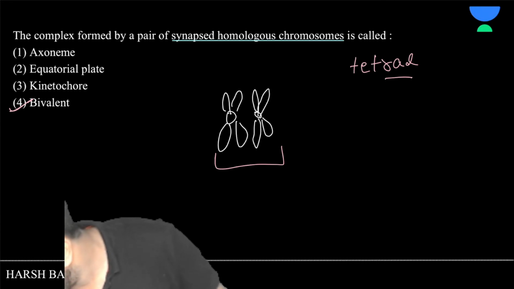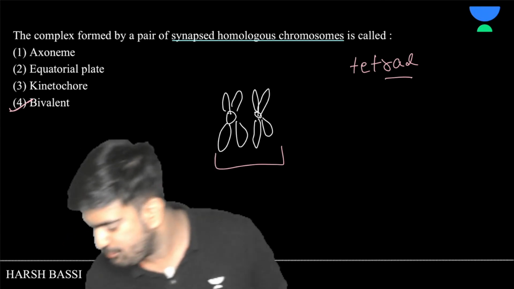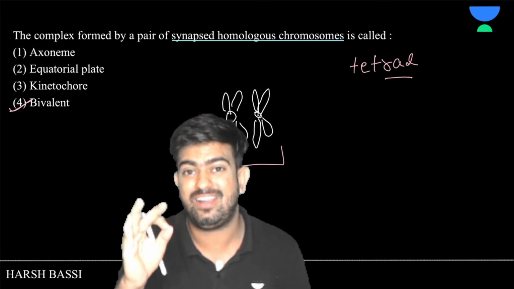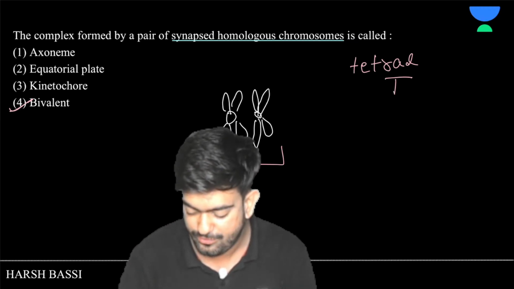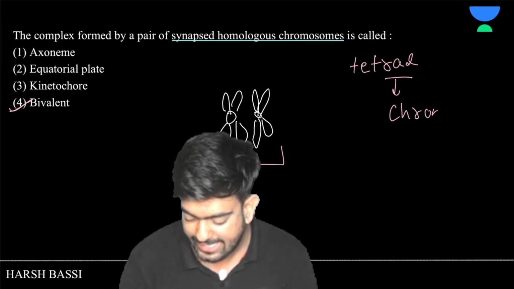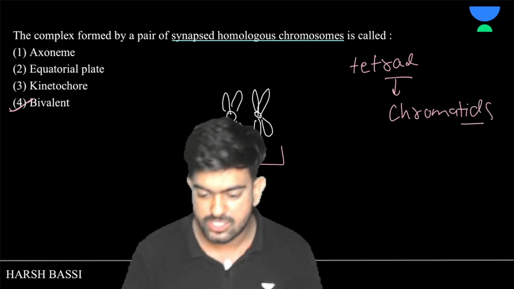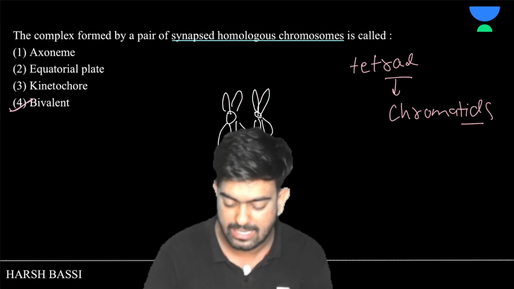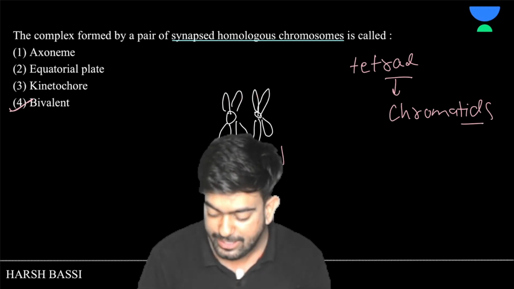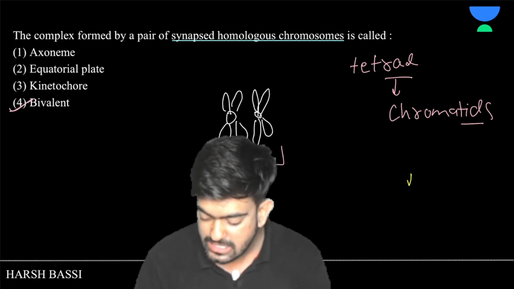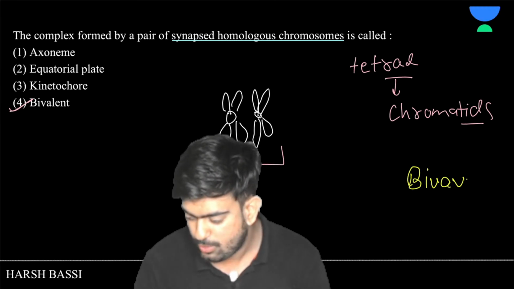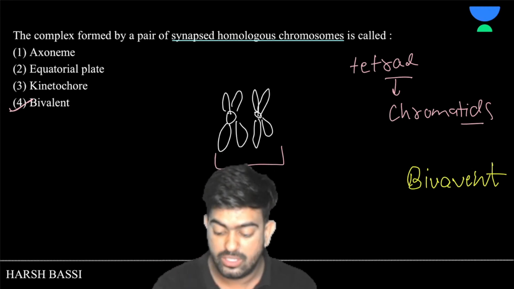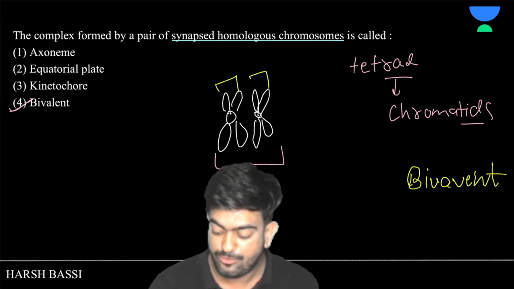Tetrad is basically the term which is given for the chromatids. So how many chromatids? 1, 2, 3, 4 chromatids. And why bivalent, sir? The term bivalent is given with respect to the number of chromosomes.